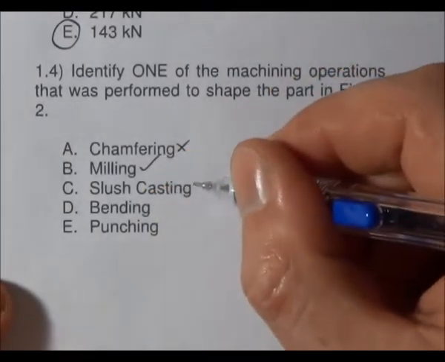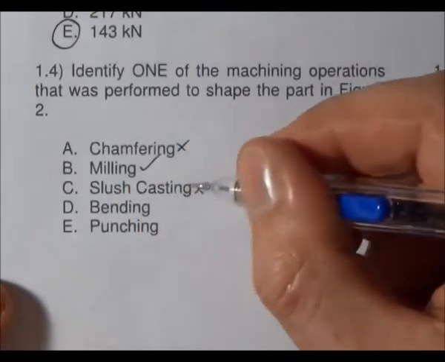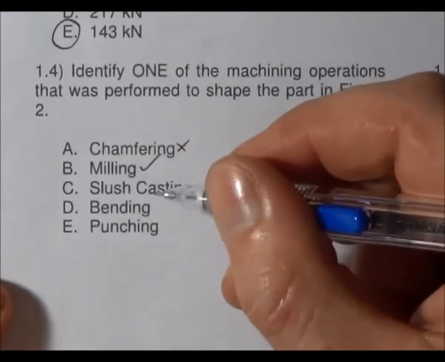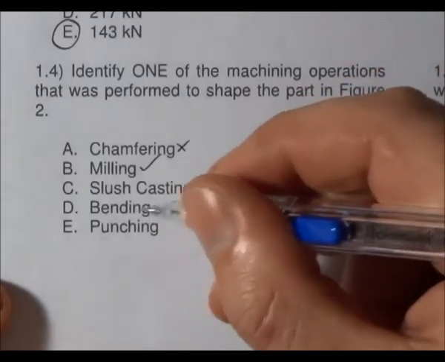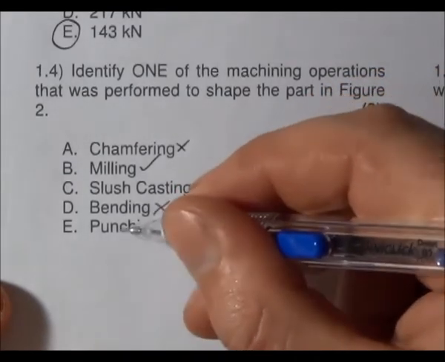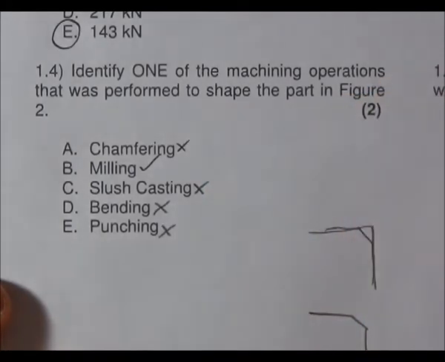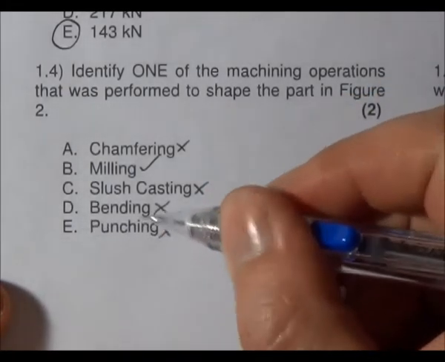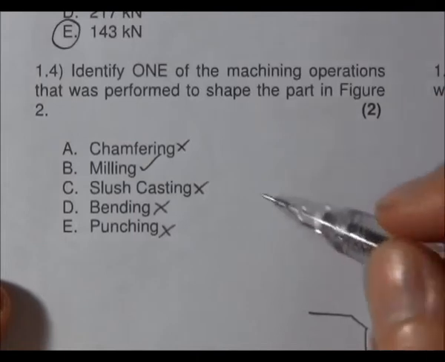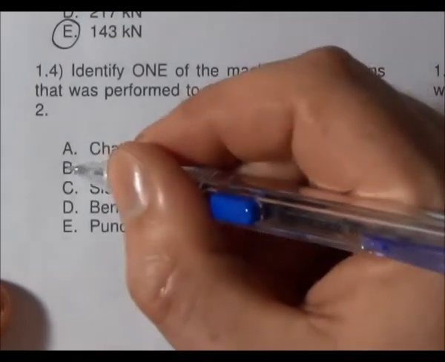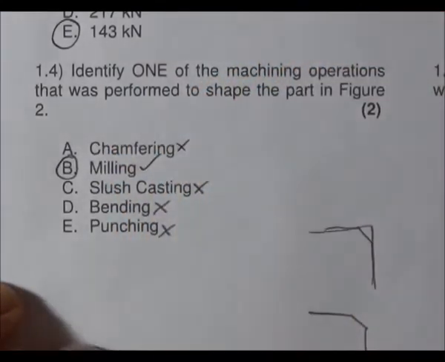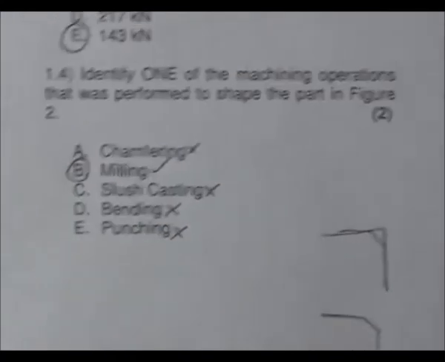Slush casting, no. This slush casting process creates hollow components. That shaft was not shown to be hollow. Bending, no. Punching, no. Punching generally is applied to sheet stock. That was a solid bar, so punching cannot really be performed there.